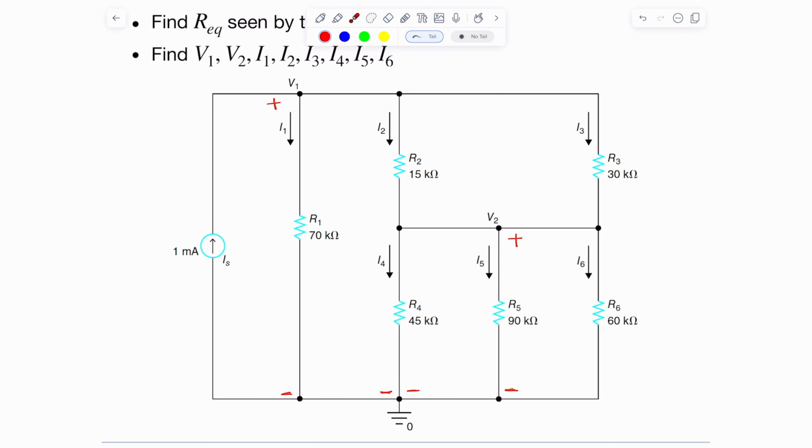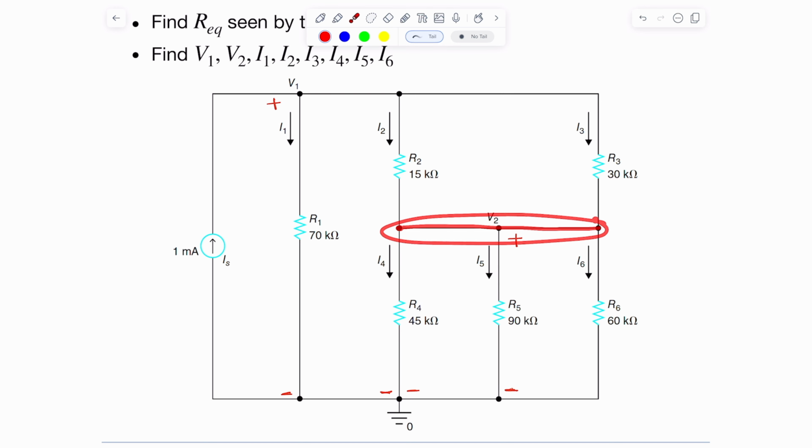Anyhow, moving along, we can start by figuring out the R equivalent. I'll identify some of the resistors that are connected in series and some that are connected in parallel. It's very obvious that these resistors are drawn in parallel, but if you take a look, they share one node and another node.